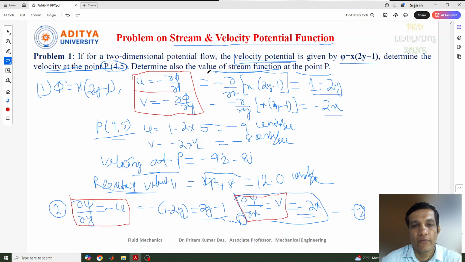Suppose the fluid is moving in the x direction, then we need to consider the velocity in the y direction. See, del psi by del x, we have considered the v value. If you consider this as positive v, then the other flow we need to consider negative. That's why I have taken del psi by del y as minus u here. That is the two things only. We need to keep the formulas in mind so that we can solve the problem.